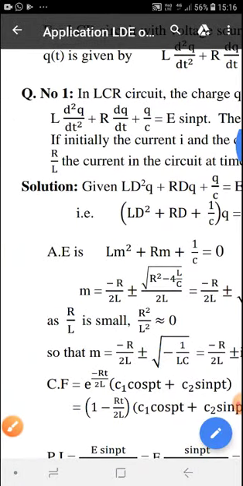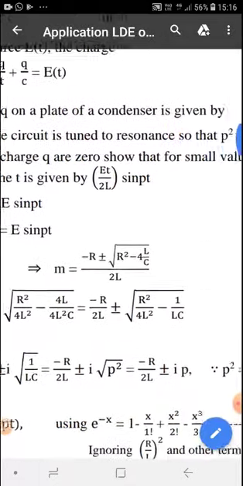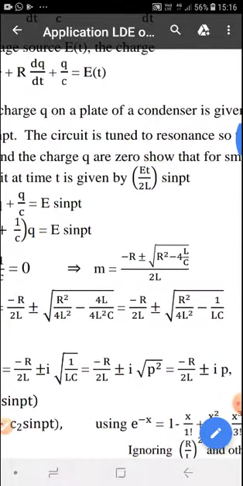And in the question it is clearly said R by L is small, so R square by L square will be approximately 0. So since R square by L square is approximately 0, under the square root symbol R square by L square is 0 means that square root will be root of minus 1 by LC.